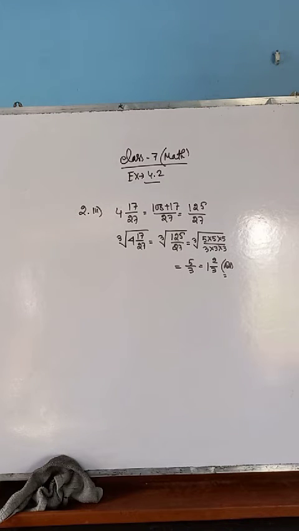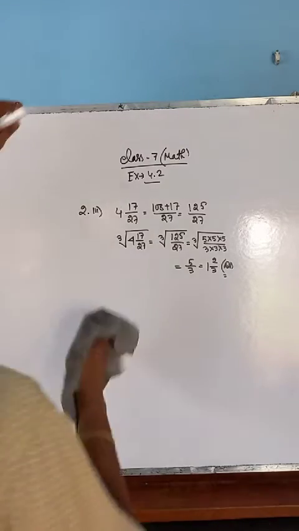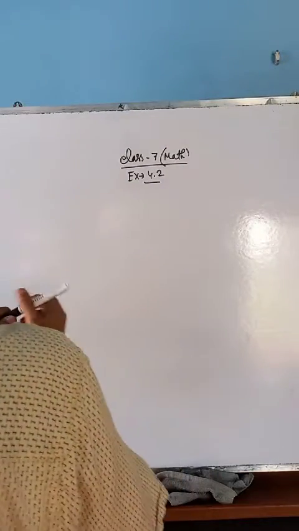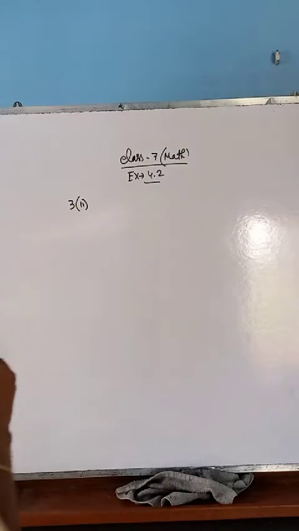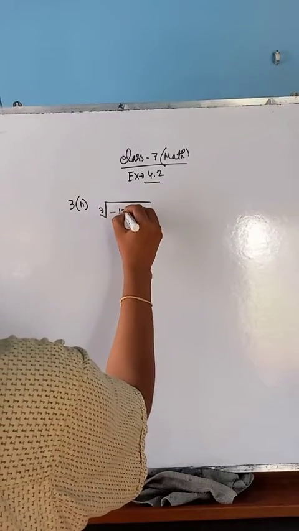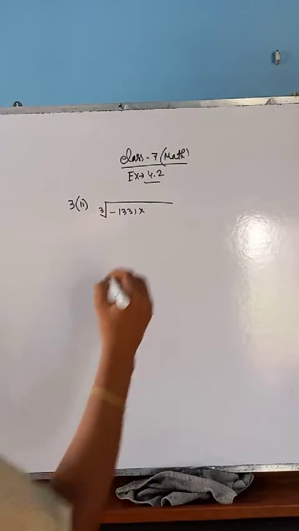Now I'll discuss another math, question number 3.2. What is given? Minus 1331 over 3375.